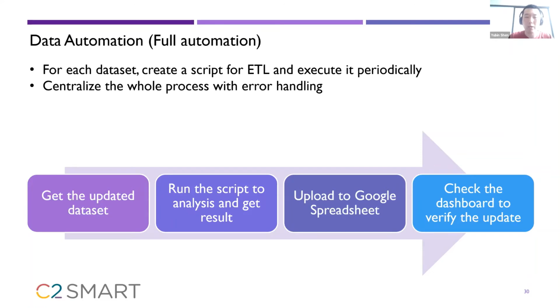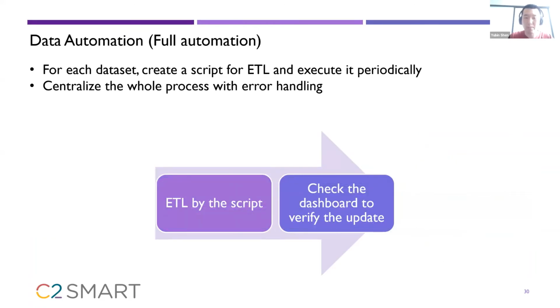In that way, we can wrap up all the operations, and we can add an error handling process inside the script. So we have full control of the whole process, and we can largely reduce the operation time for updating the data set. Finally, we reduce the steps from 4 to 2.